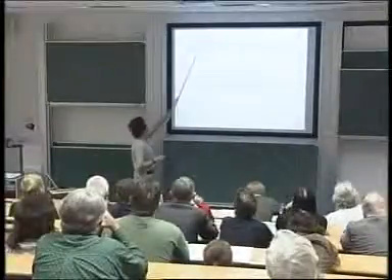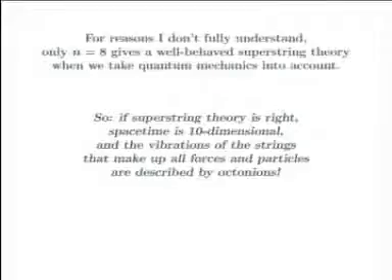But when you take quantum mechanics into account, only one of them is mathematically consistent, and it's the most complicated one. It's the n equals 8 one, and that's why string theorists will sometimes tell you that string theory only works in 10 dimensions.